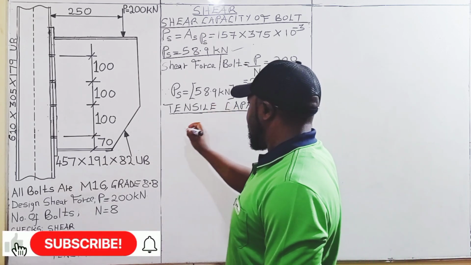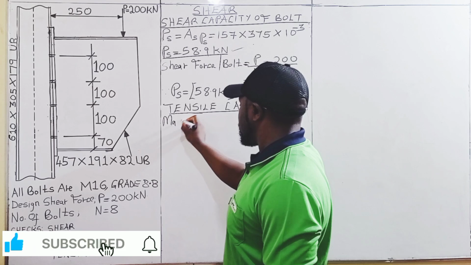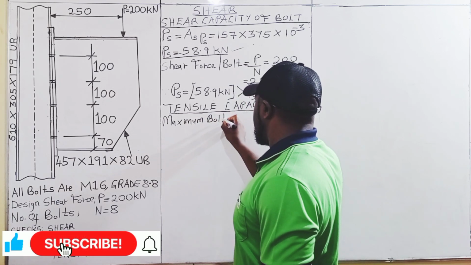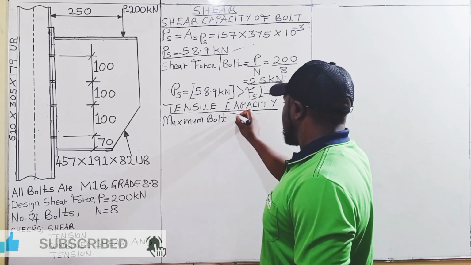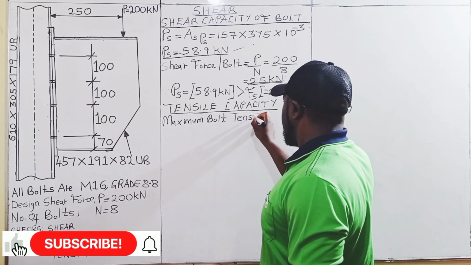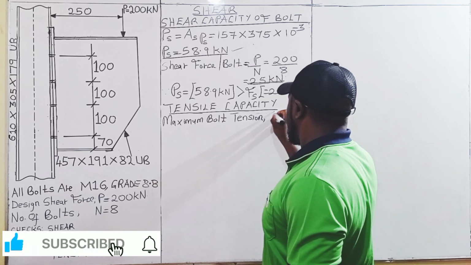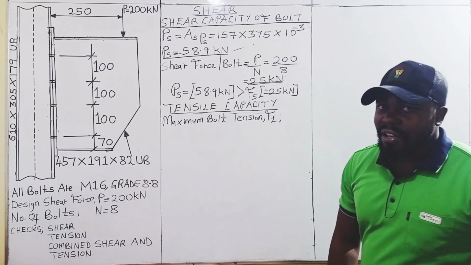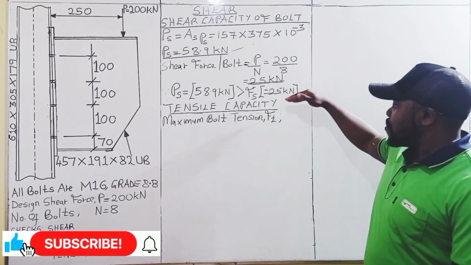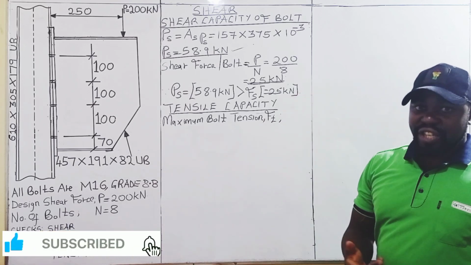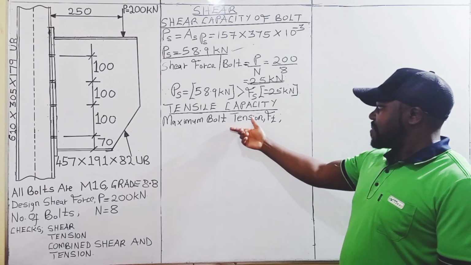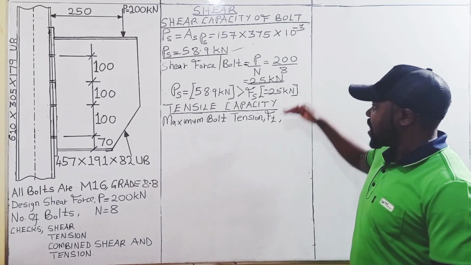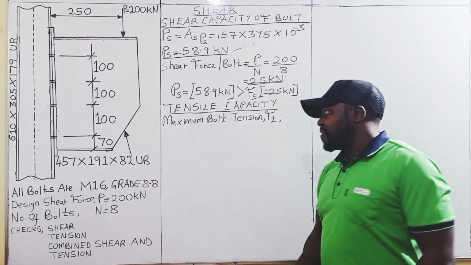We are going to determine the maximum bolt tension, that is Ft, which we are going to compare with the tensile capacity of the bolt, to see whether the maximum bolt tension is greater or less than the tensile capacity of the bolt.